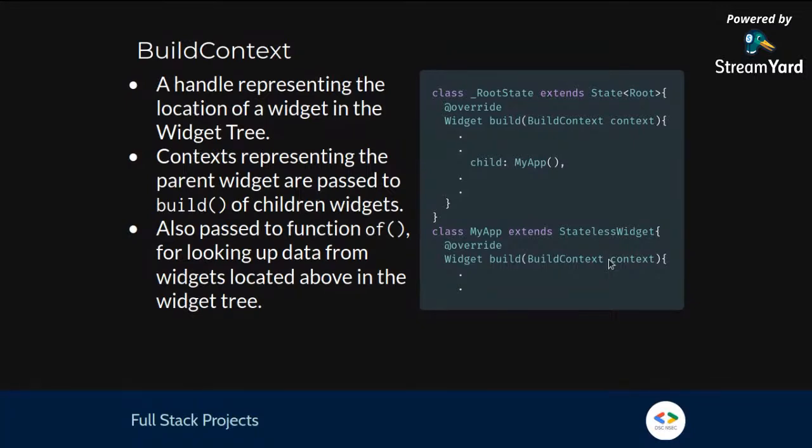Now the thing is that the context we are getting in this build method of MyApp actually represents the parent widget of this MyApp widget. Same is the case for this Root state: the context here is representing the widget that is positioned above the Root class, that is, the parent of the Root class.